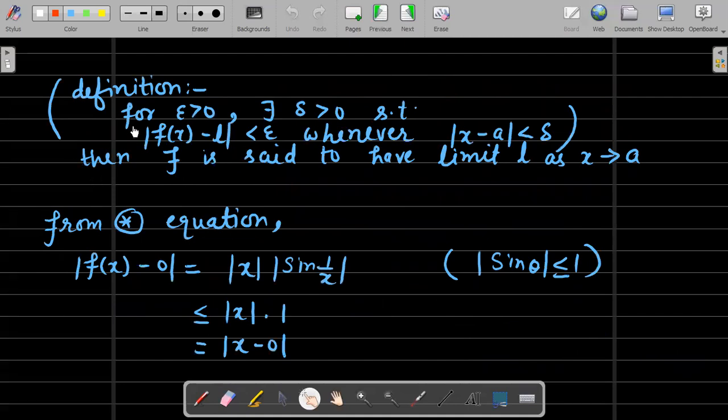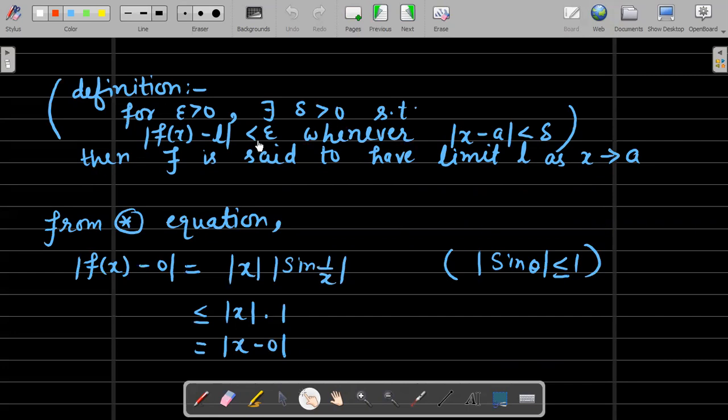Our definition is: for given epsilon greater than 0, there exists delta greater than 0 such that |f(x) - L| < epsilon whenever |x - a| < delta. Then f is said to have limit L as x approaches a. It means we have to prove, for our chosen epsilon, |f(x) - L| < epsilon.